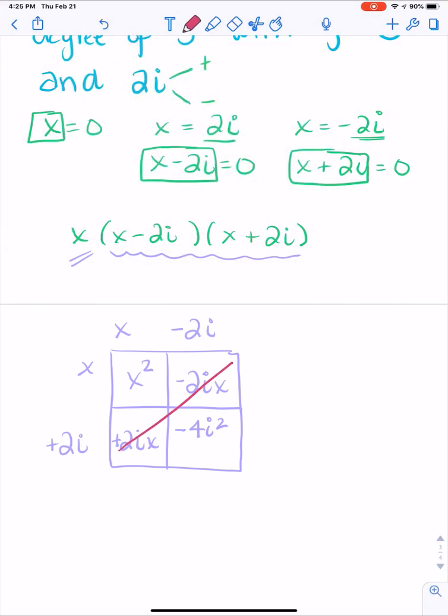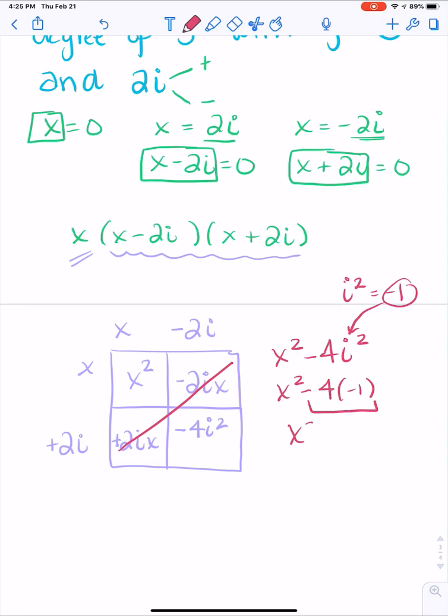So I can tell those cancel. So I'm left with x squared minus 4i squared. But remember, we said i squared was equal to negative 1. So we're going to put that -1 in there. Now, negative 1 and negative 4, when I multiply them together, give me positive 4. So this is my final piece.